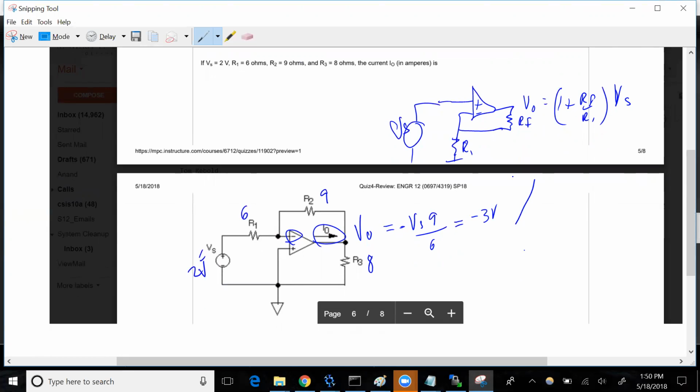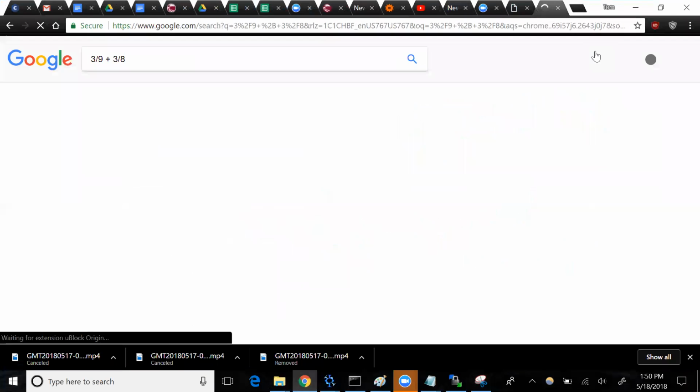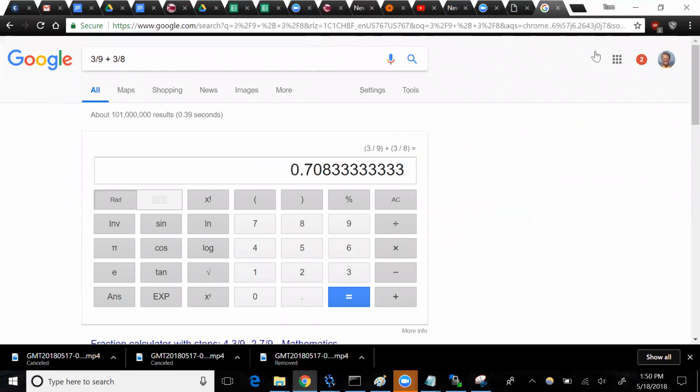And then we have to figure out using KCL, right? So KCL says I0 going in to VO has to equal VO over 9 plus VO over 8. So 3 9s plus 3 8s should be whatever that answer is. .708.